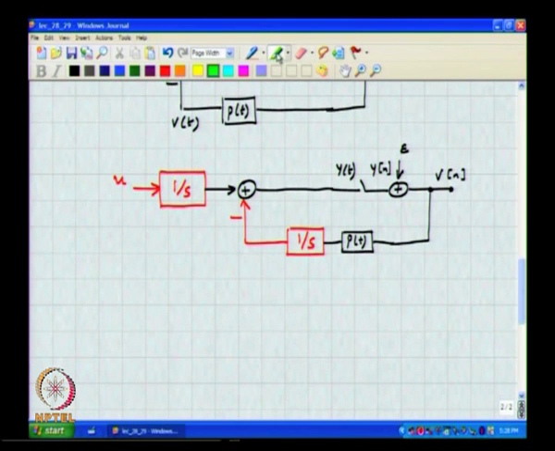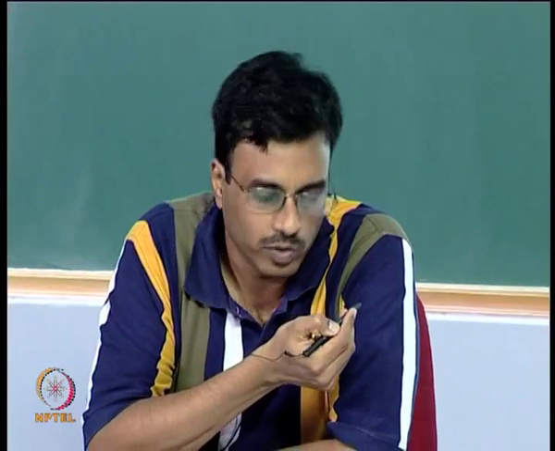Now that I have moved the integrator outside the loop, I would also like to move the sampler through the summing node, so to speak.